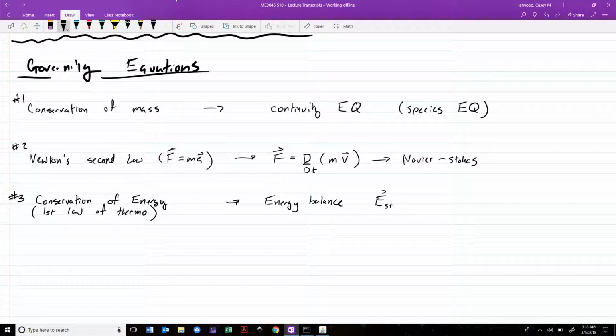E dot, the rate of change of stored energy, is equal to the net rate of energy in minus the net rate of energy out, but plus, rather, the net rate of stored thermal plus mechanical energy is equal to the difference between the thermal and mechanical energy in and out plus the net rate of conversion of non-thermal, non-mechanical energy into one of those two. Something like chemical reactions, nuclear heating, electrical heating, etc.